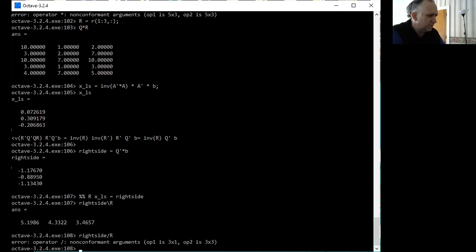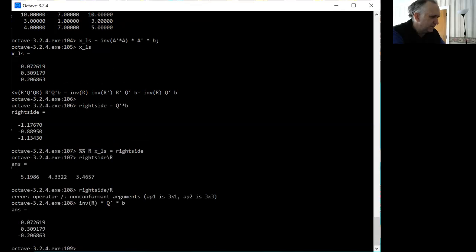Let's try it another way. What if we just skip that last step and just try to put in inverse R? So in other words, I want to just check that XLS is inverse R times, I wonder if times B. Yeah, there it is. I don't know what I did. But I don't really want to figure it out now.